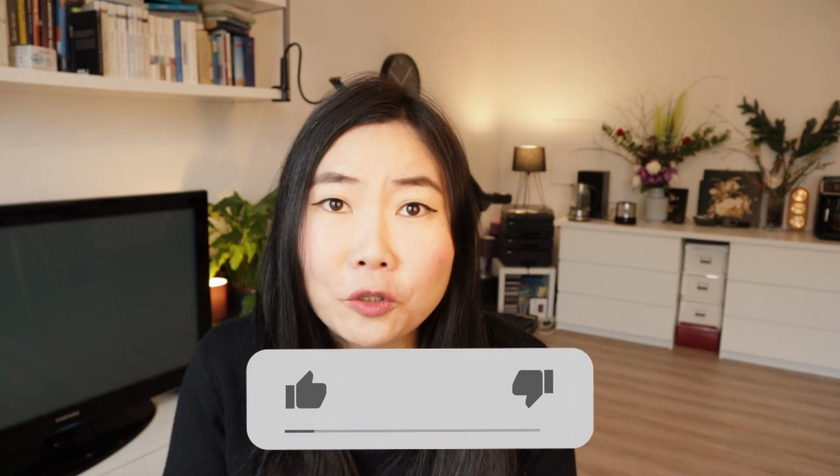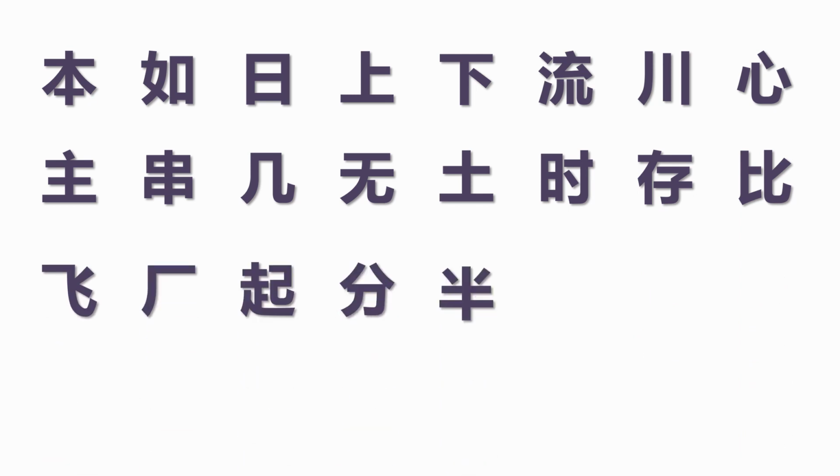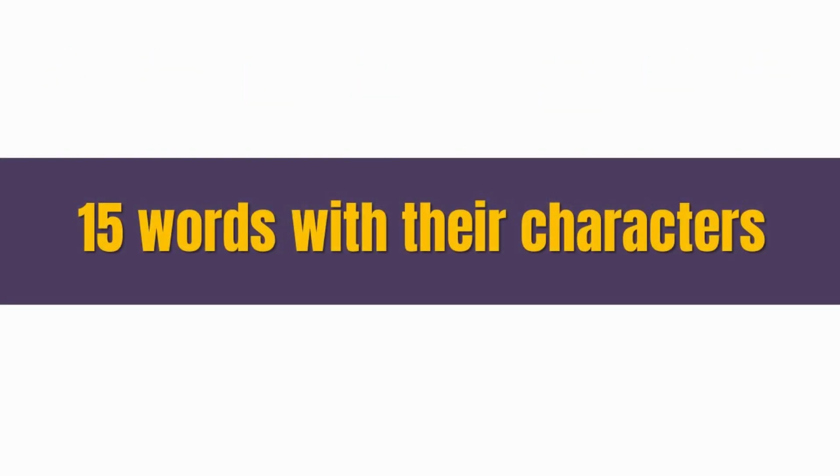And with time, it happens to almost a half of all characters that you've learned. And it becomes really, really frustrating for you because you no longer know what is what. Which happens to most Chinese beginners, and this is what I want to avoid. With this being said, let's now dive into the next 15 words with their characters.